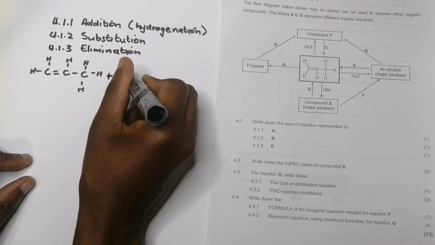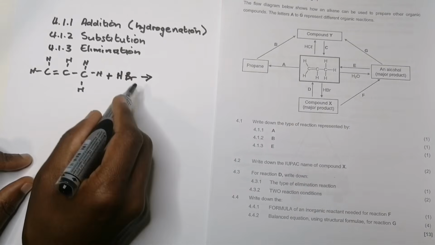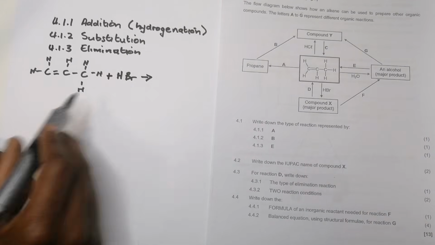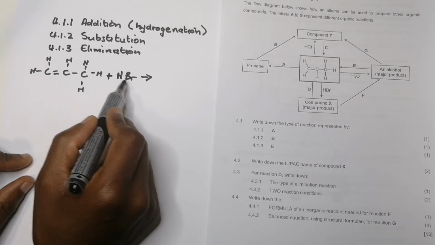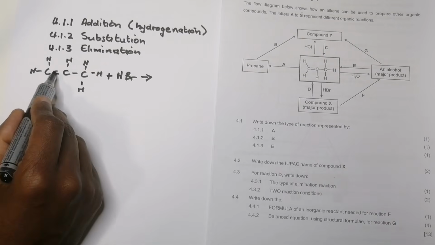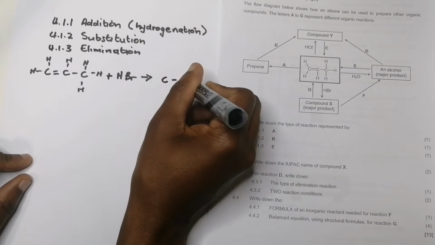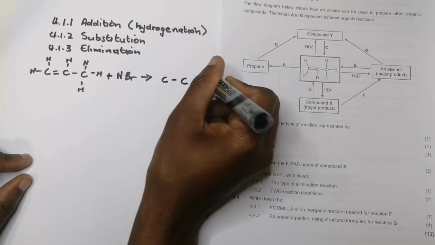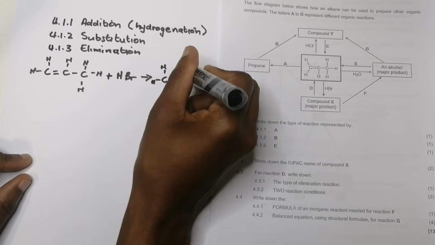I am now going to react it with hydrogen bromide, HBr. Remember, this is where we apply Markovnikov's rule. Now you've got hydrogen and bromide, and the double bond there, we will break it. Everything else remains as it was.